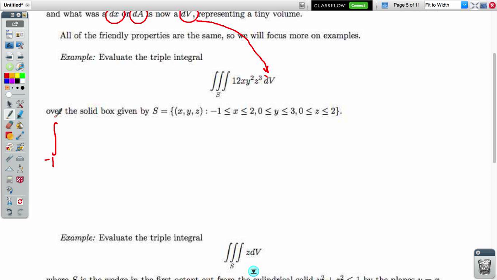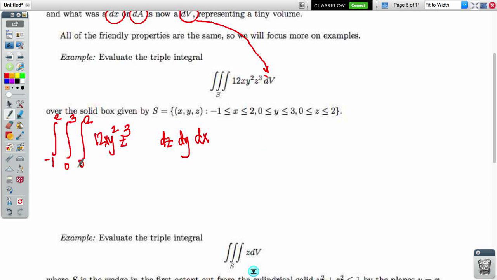So x is going to go from -1 to +2, with dx on the outside. Then y is going to go from 0 to 3, so our second integral will be with respect to y. And z goes from 0 to 2, so dz is our last piece. And then the integrand is 12x y squared z cubed.